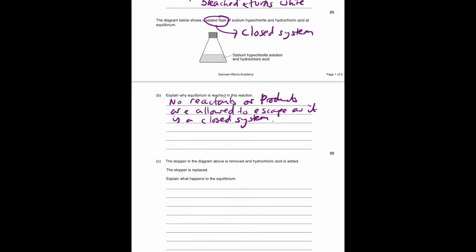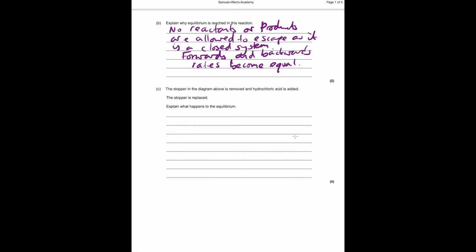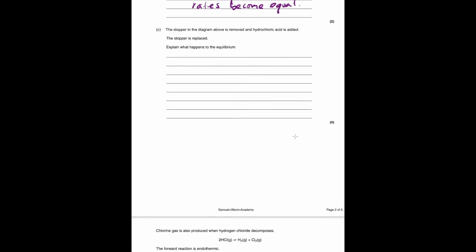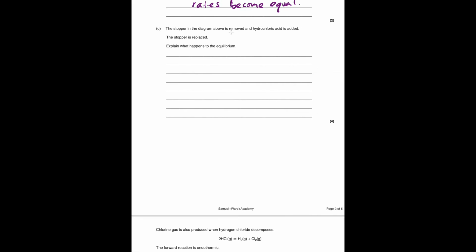And the result of that means that our forwards and backwards rates become equal. And of course that is what determines equilibrium being reached, is when our rates of our forwards and our reverse reactions are equal. So if we remove the stopper, it's no longer going to be in equilibrium because it's no longer a closed system.